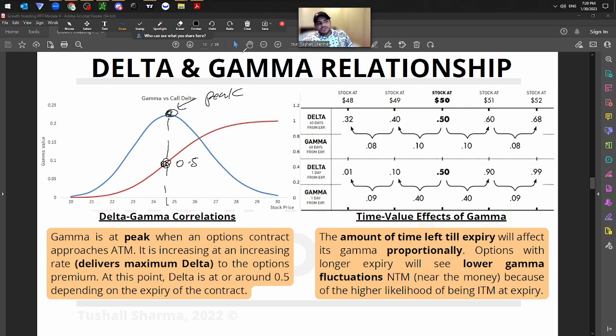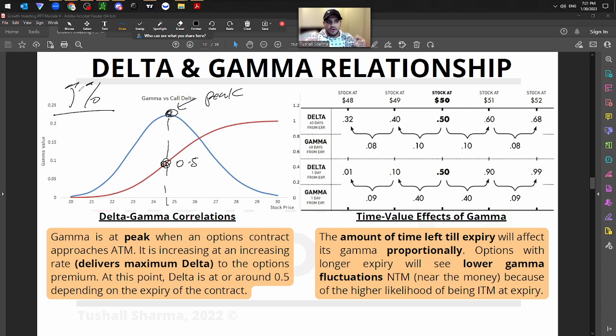Okay, this is the reason why when you take a day trade, for example, and you take a strike that is, let's say, 1 or 2 strikes out, versus a strike that is 4 or 5 strikes out, the strike that is further away will have more gamma acceleration, leading to a higher percentage gain on the contract, because the contract would be very cheap to begin with because it's more out of the money, right?